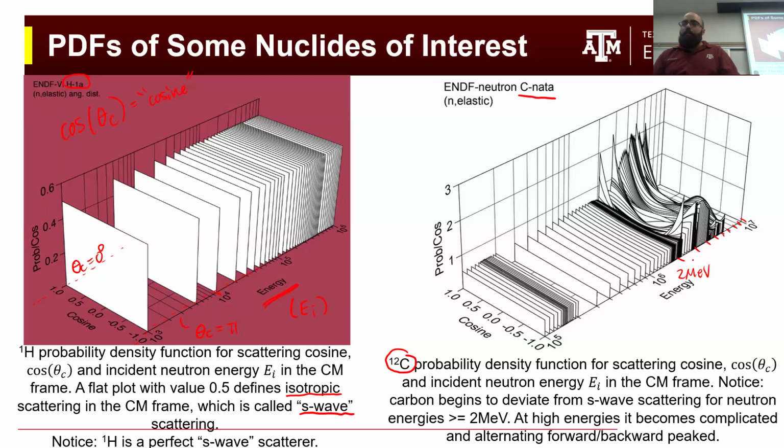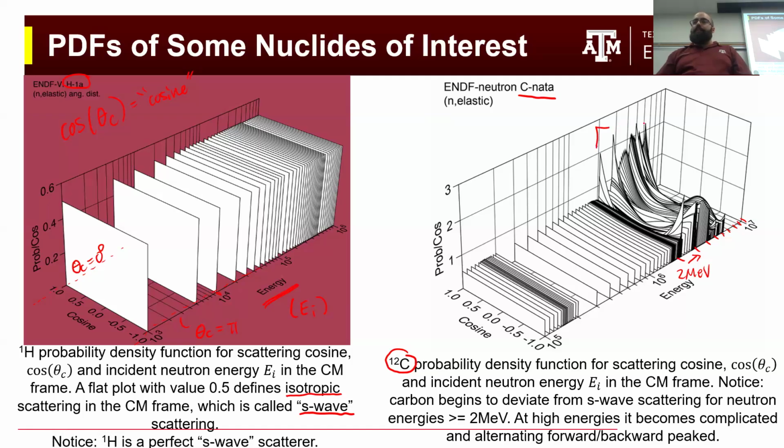But notice that past around 2 MeV, the scattering for carbon goes from being basically an S-wave scatterer to having these crazy complicated, oscillating places where at some energies, it's more likely to have a backscatter. At some energies, it's more likely to have a grazing scatter, and it kind of oscillates back and forth depending on the energy.